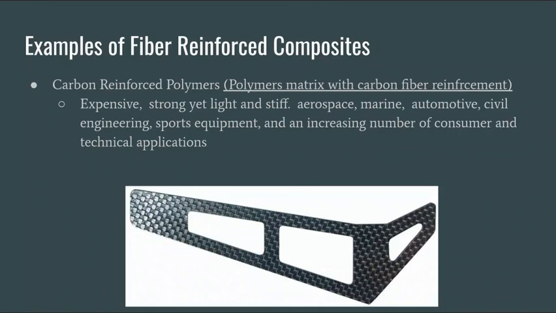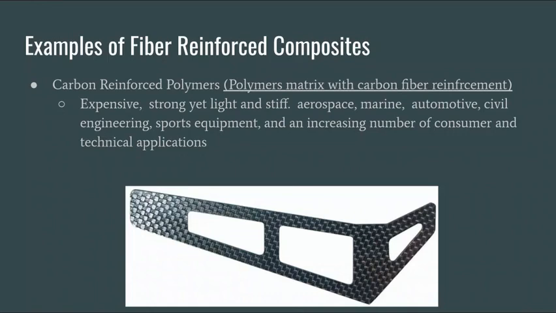So this is a picture of a carbon reinforced polymer that is a helicopter wing. You can tell because it is strong yet lightweight, and it is also stiff, so those don't bend.